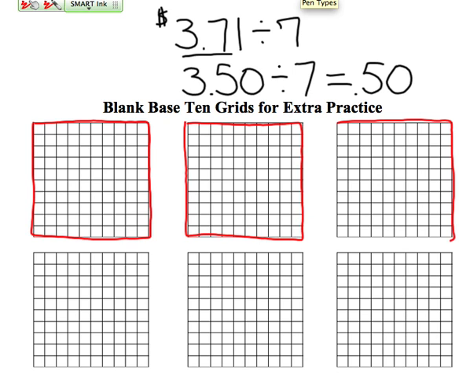3 holes, 71 cents. So 7 tens. 1, 2, 3, 4, 5, 6, 7. And 1/100th.